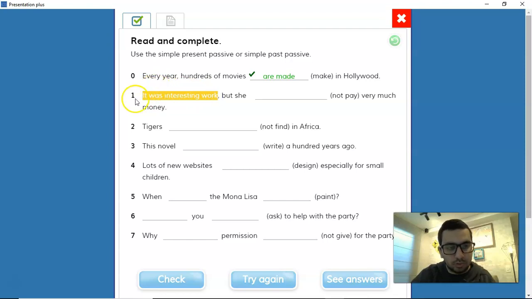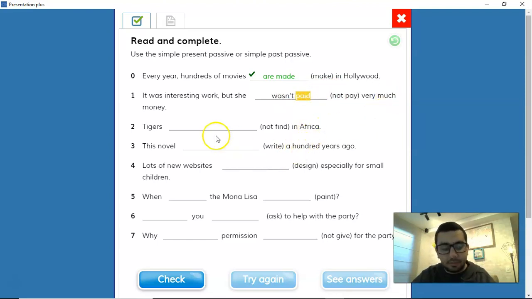Okay, so it's in the past, but not pay very much, but she wasn't paid very much. So verb to be in the past, in the negative, and the past participle of the main verb. Tigers not found in Africa. Okay, tigers in the present, right, aren't found in Africa.